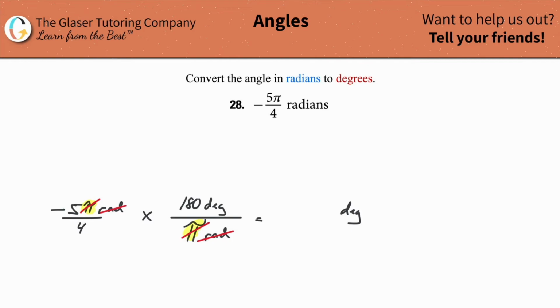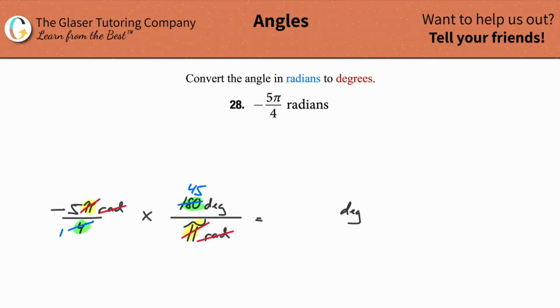Then the other thing we can do is take a look and realize, what about this? Can we reduce the 4 and the 180? Sure, we can reduce that. That becomes a 1, and that becomes a 45, meaning 4 goes into 180 45 times. Or in other words, 45 goes into 180 4 times.